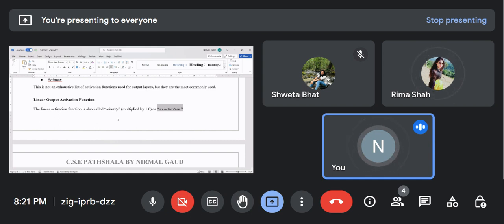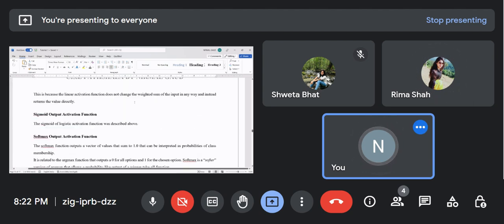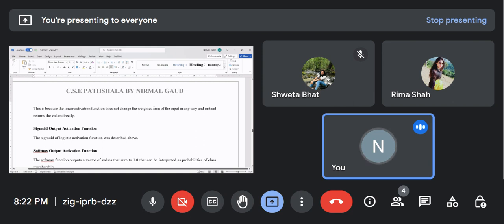If I don't want to make any change, just keep your linear activation function there. But keep something on the output layer. So for that purpose I've used a linear activation function on the output layer. Just multiply by one and produce the output. That's it, no changes to the weighted sum.